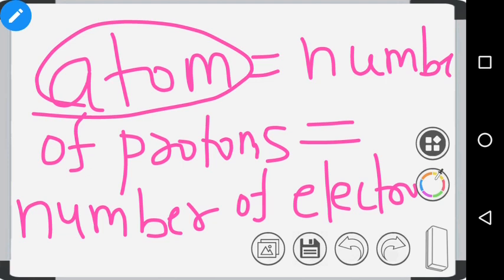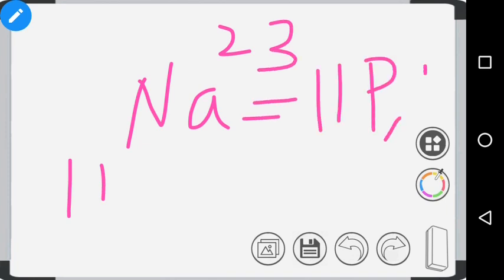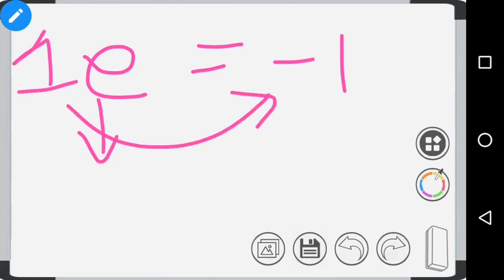Which number gives the protons? Atomic number will give the protons. So there is sodium 11 23. Here we'll have 11 protons, 11 electrons. So +11, because the electron charge is -1. One electron will have -1 because the electron charge is negative.